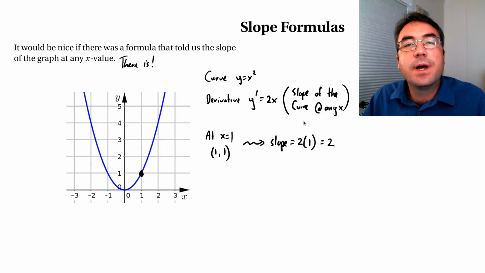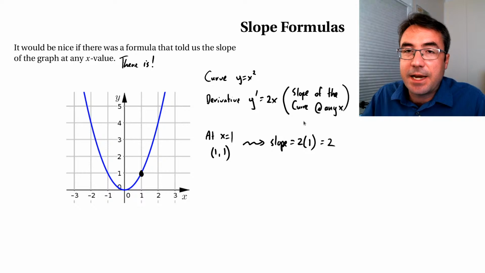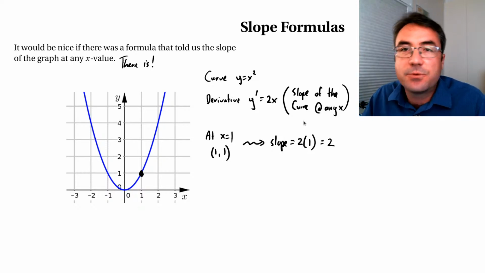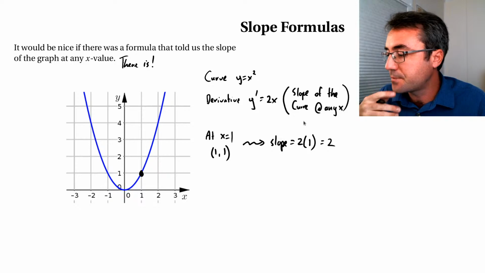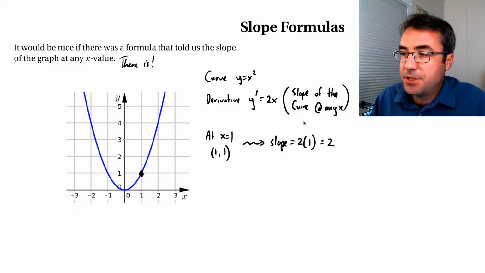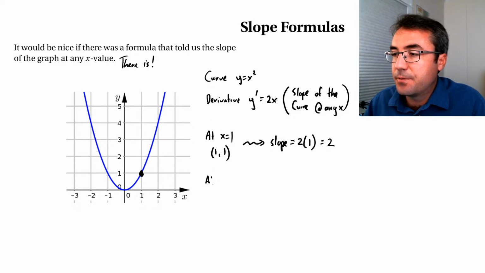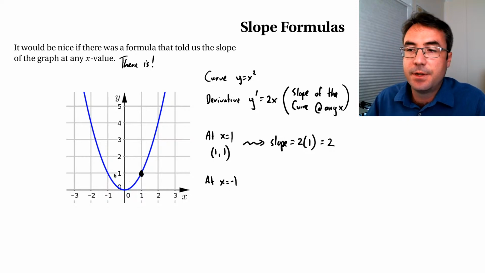Now there's functions where we might not be able to actually calculate the derivative and get a nice formula. So the best we can do possibly is just a graphical estimate. And we'll see that in just a few minutes. But let's just see what happens if we wanted to calculate the slope of our graph at x equals -1.